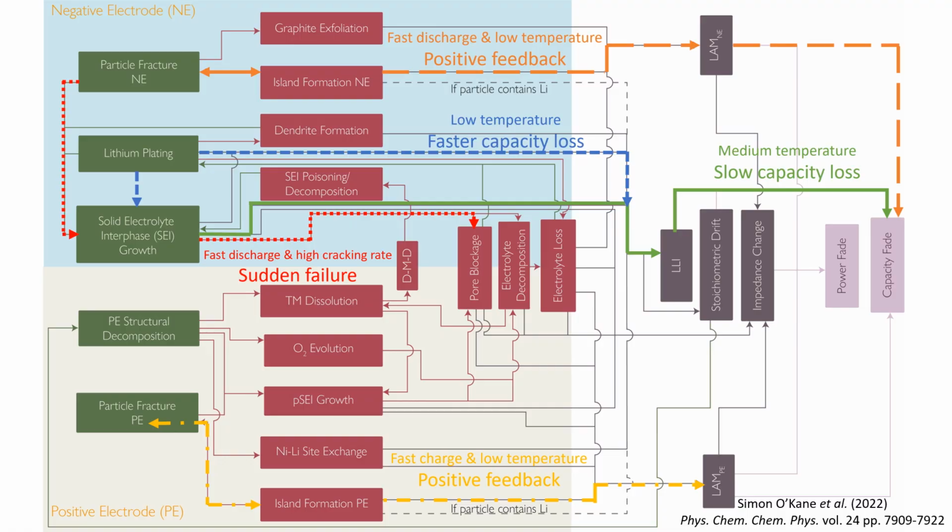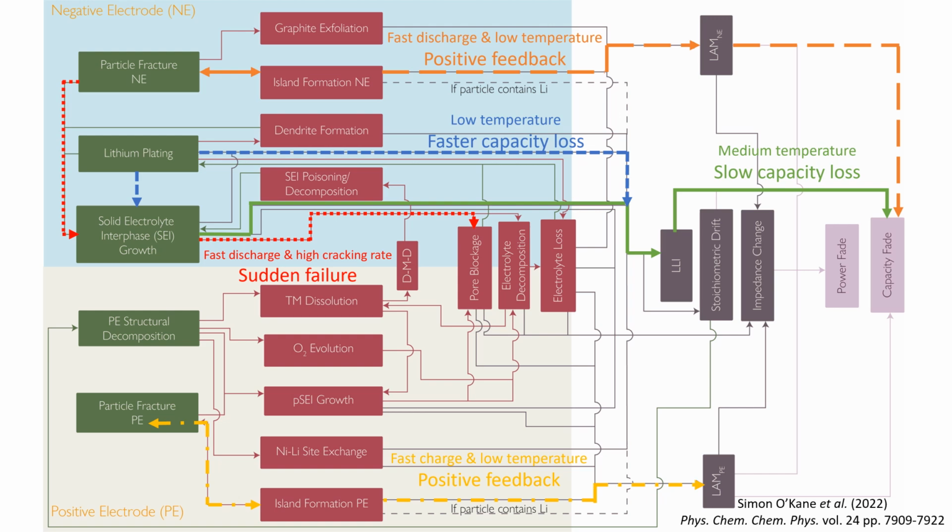So we found 5 pathways through this maze of degradation that I showed you at the beginning. The best case scenario is the solid green line, where you have medium temperature and SEI dominated degradation. And because the SEI is self-inhibiting, that leads to slow capacity loss and a long life. At low temperature, you get more lithium plating that's not self-inhibiting, and so the capacity degrades faster.